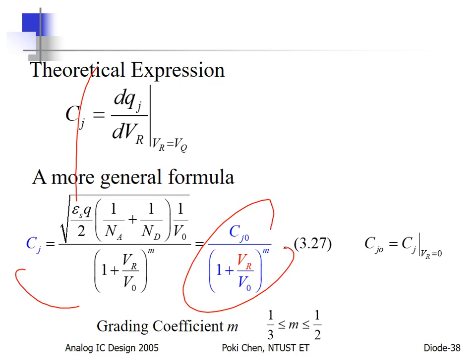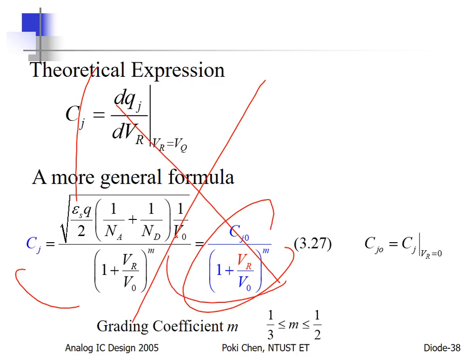You will know how to tune the bias and the device size. That is a very, very important way of thinking for our analog IC designers. All those derivations, I cannot say they are not important, but they are simply too complicated for you to derive. So you only get the concept.